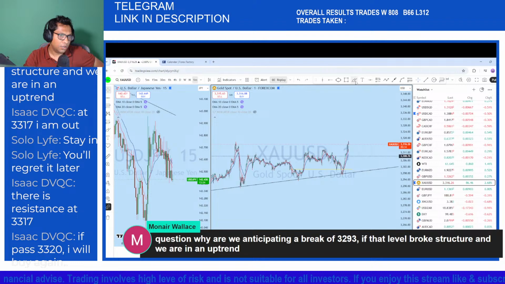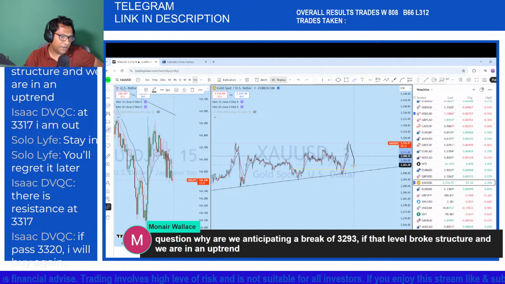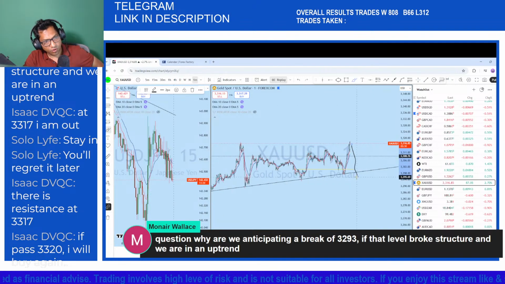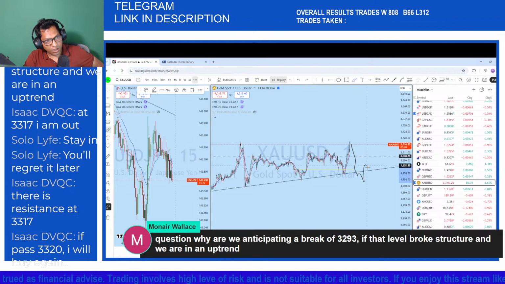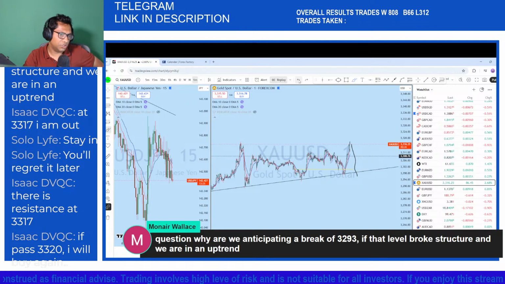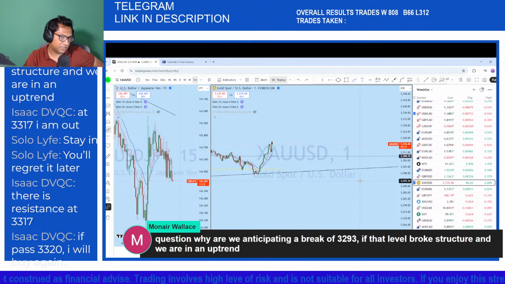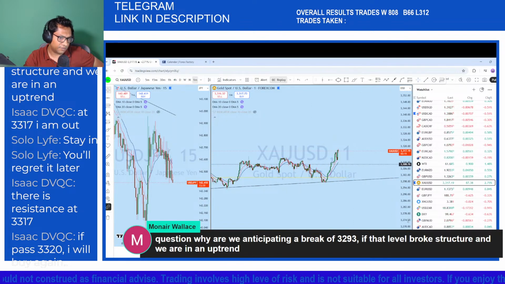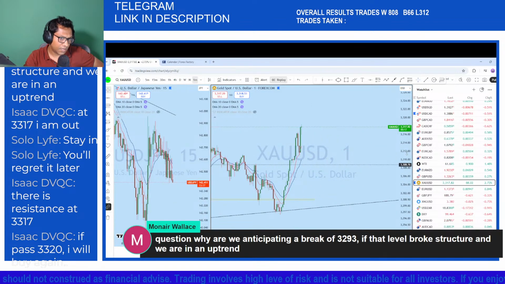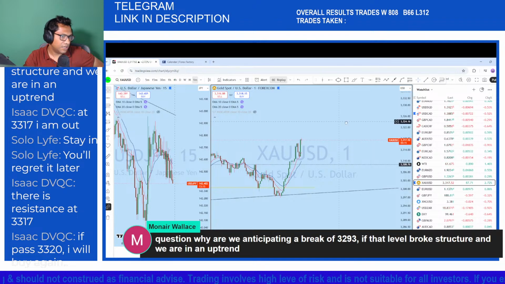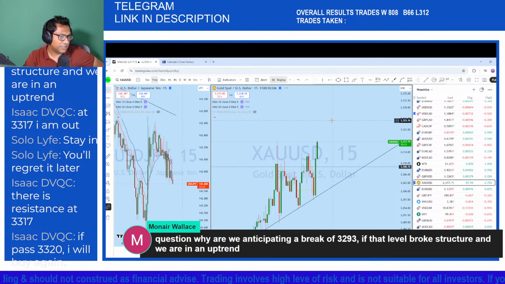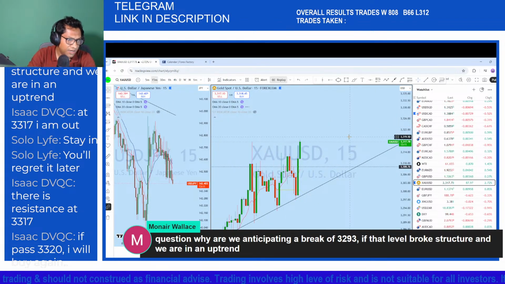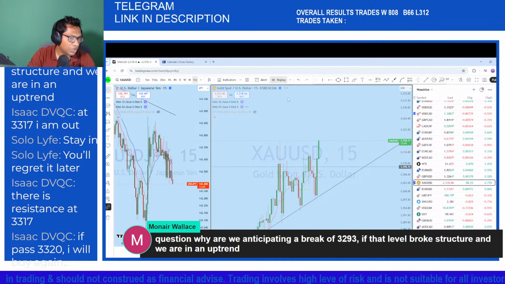So if the market is deviating from that trend line, from that support, we could see the market return again back to the upside. That's the primary reason why we are looking to see the market having a breakup structure. Now in this area at the moment, we can see the market is in a sharp uptrend.